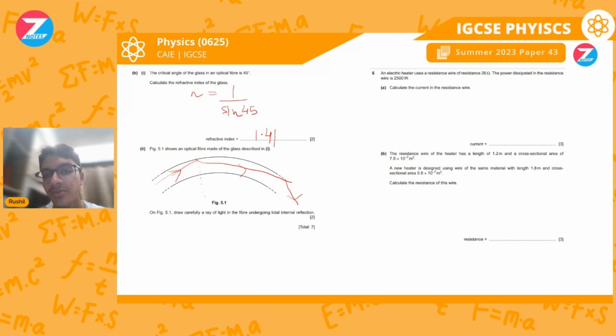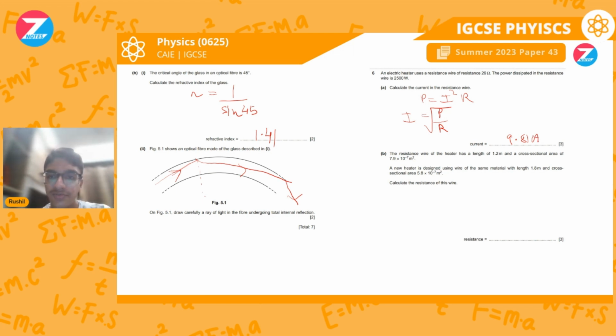So we know the formula that power is equal to I square R. In this case, you have to calculate the current, which is I. So I square is equal to P by R. So I is just root of power by resistance. So power is 2500 divided by 26. And when we find the root of the answer, it's 9.81 ampere.